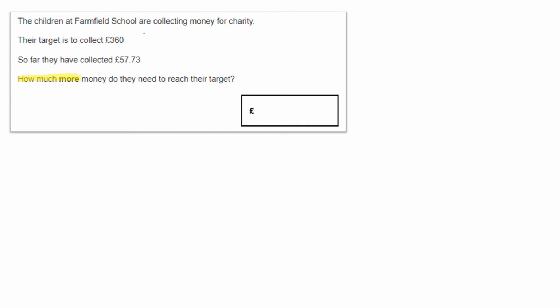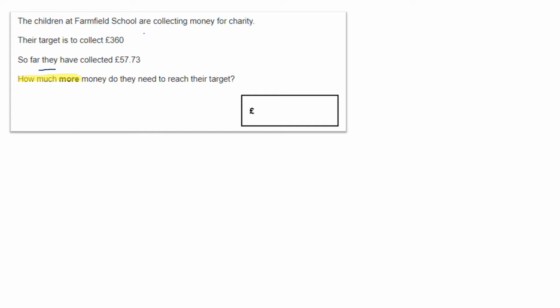But when you see how much more, I straight away ask my class to put a takeaway sign, because how much more, how many more is always going to be a takeaway. It's a bit like when you see the words what is the difference as well, or if you saw the word total, you would be adding.